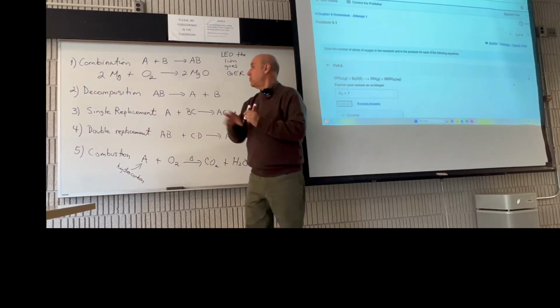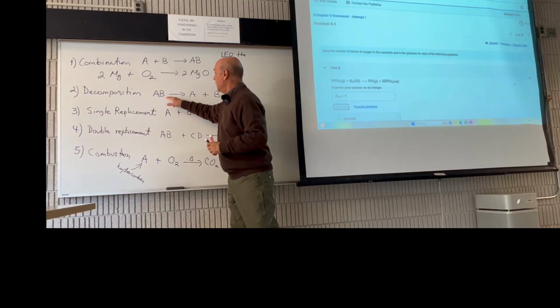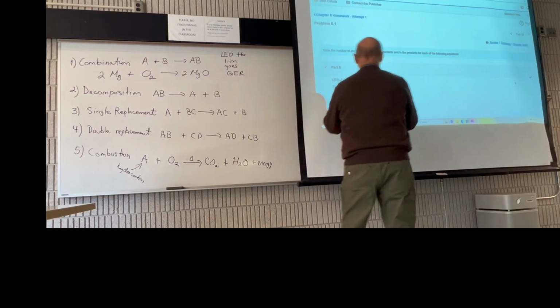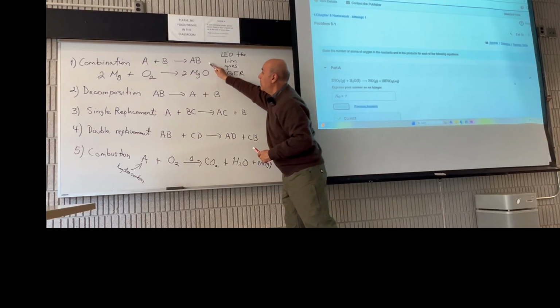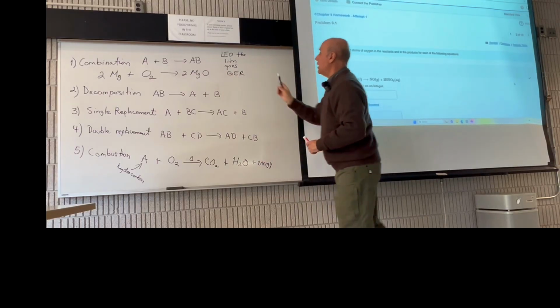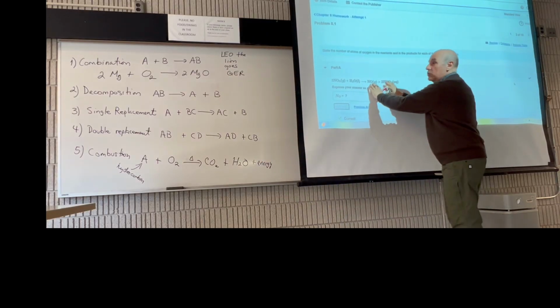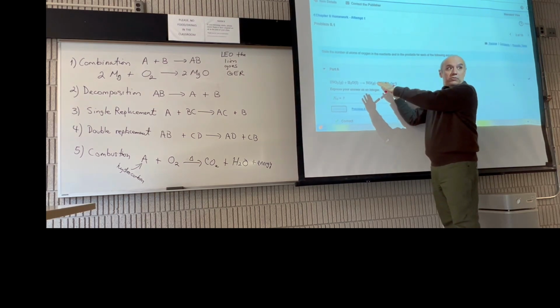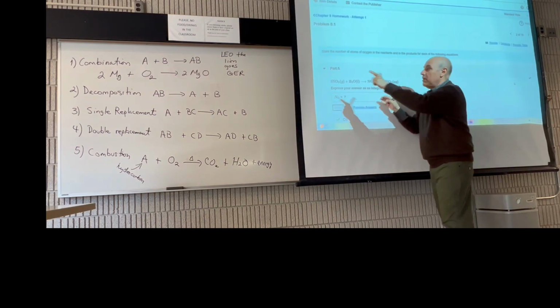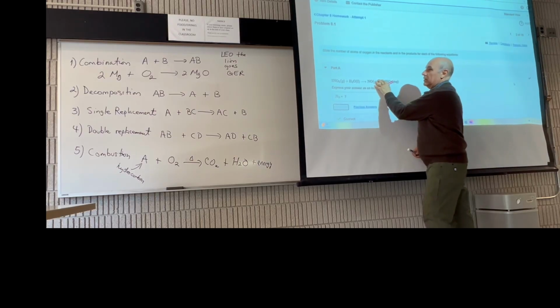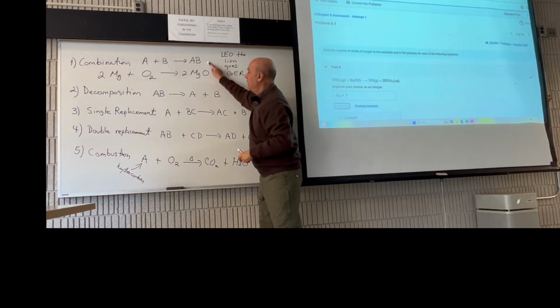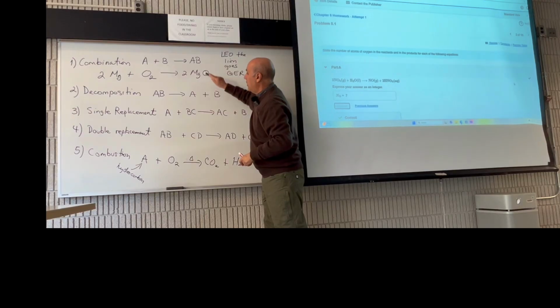So we have 3 choices to pick from. Is it this one? Well, on the right side, there's only 1 chemical in combination. Here are 2 chemicals. So it cannot be a combination, right? In combination, you have 2, you end up with 1. So it cannot be that. We got rid of that, we got rid of that.